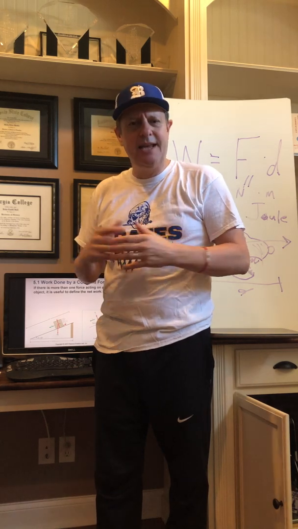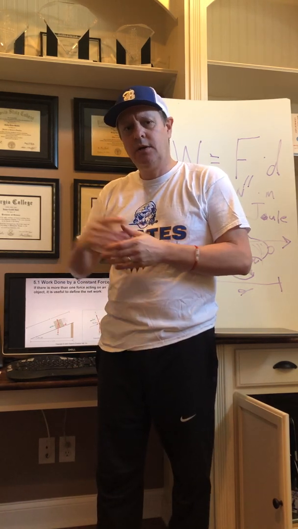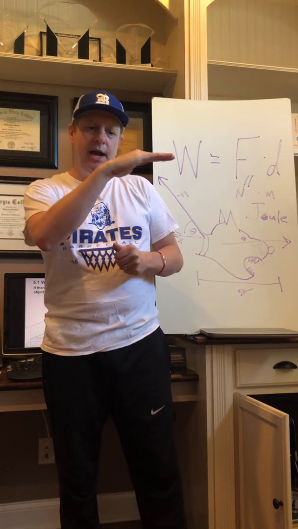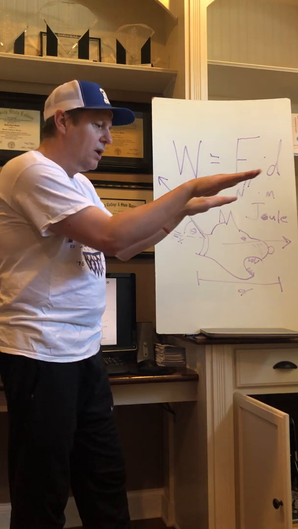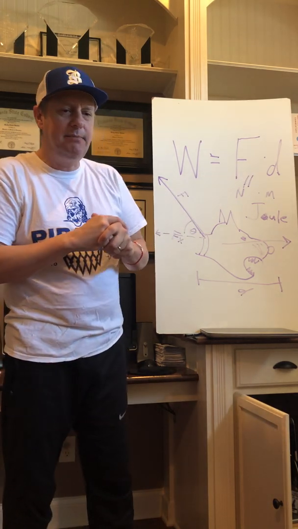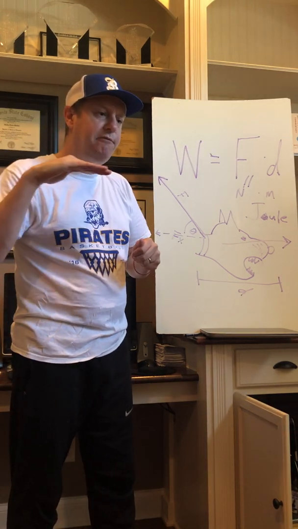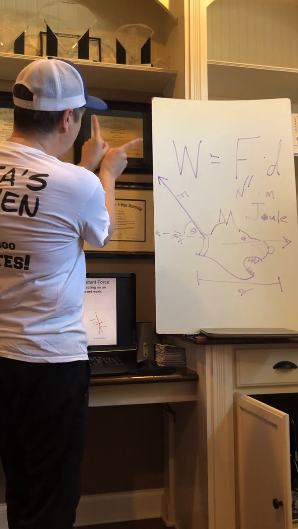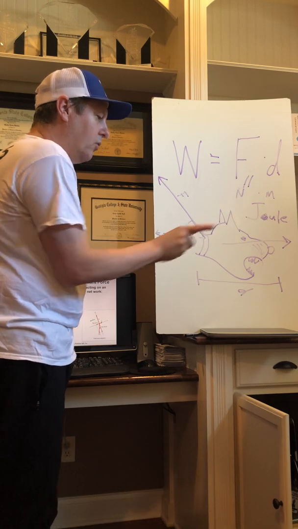Number 10 on that handout is written kind of weird. It's pulling a chandelier across a horizontal surface, and it says the ropes are parallel to the surface. So basically it means this. They're pulling the chandelier forward, and the ropes look like this at 45-degree angles, except they're parallel to the floor.